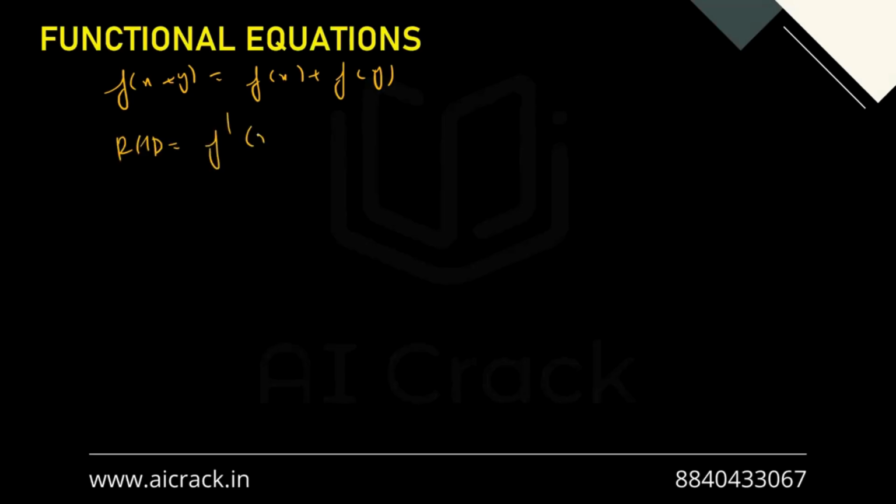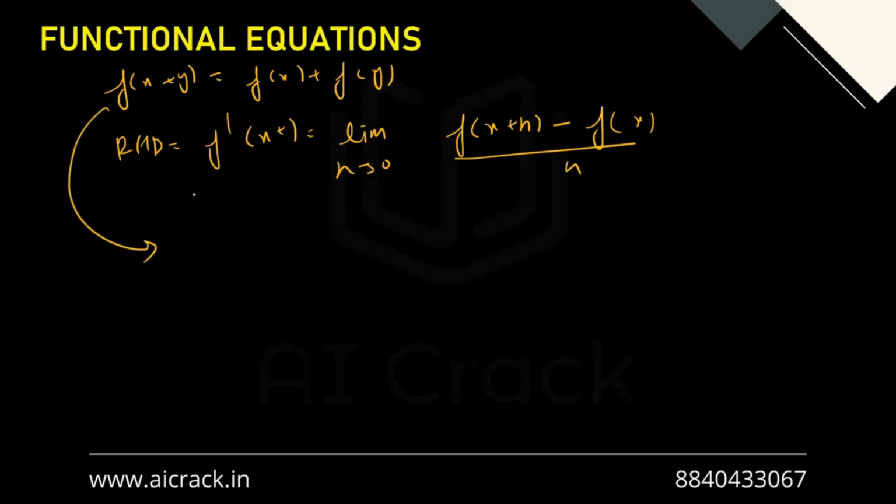That would be f dash x plus equals limit h approaches 0 of f of x plus h minus fx divided by h, right? Now we have f of x plus y over here. We have f of x plus h over here, right? So what we can do in this one, I'll be replacing x with x only and y with h.